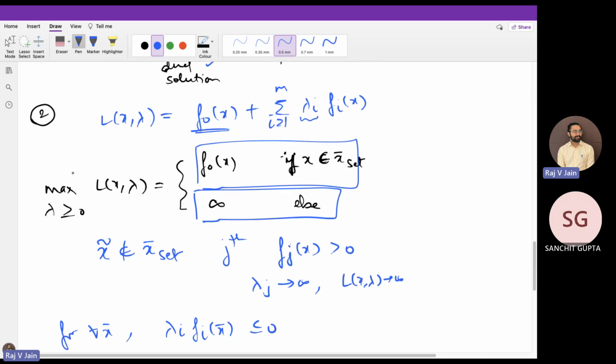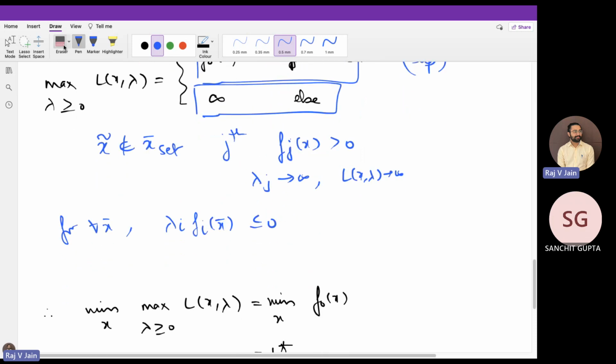Generally we don't use max and min; we use inf and sup, because it's possible that it's not achievable. But the idea is this. Let's say it's all achievable. The maximum it can take becomes 0, and therefore f naught of x will be the maximum it can achieve if x belongs to the x prime set.